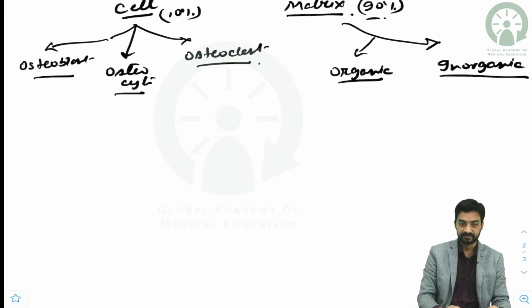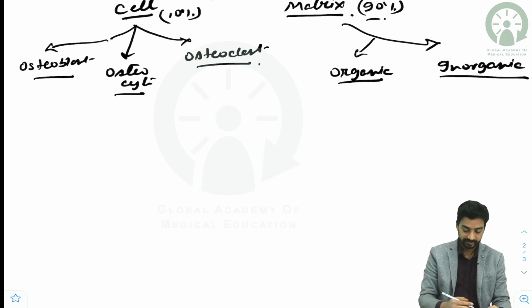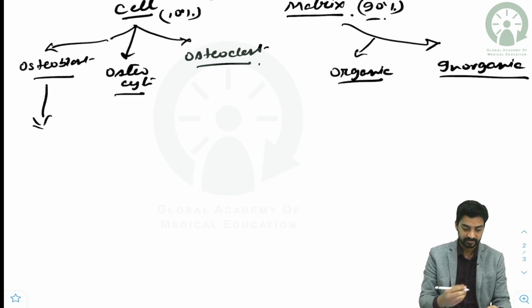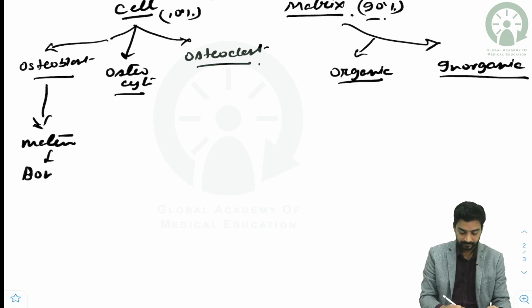So let's start with osteoblast. As you know, the osteoblast by term is called the bone forming cell. What it does is it becomes mature and forms the bone composition.